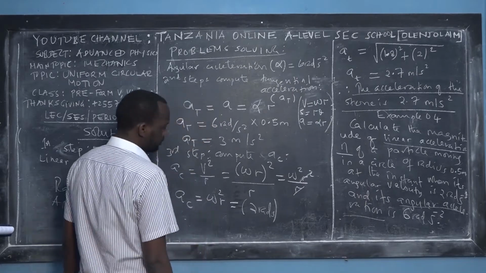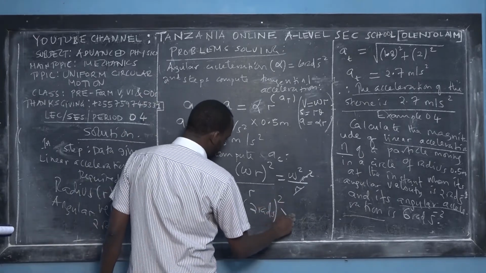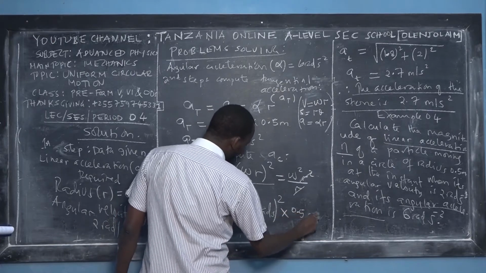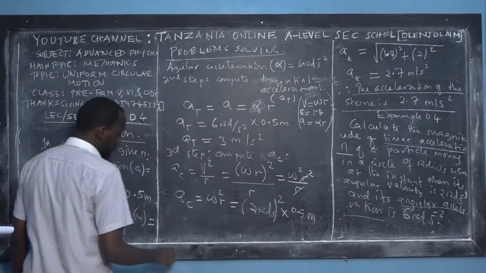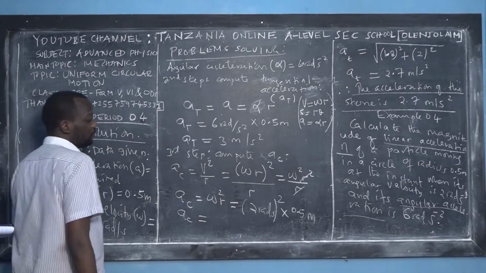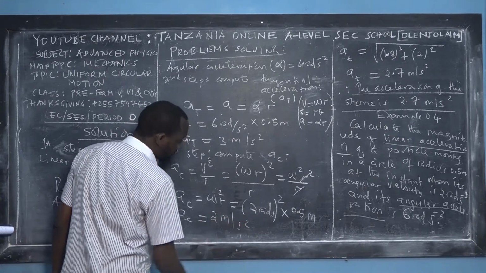So we have 2 radians per second, squared, times the radius of the circle, which is 0.5 meter. Then we can get our centripetal acceleration: 4 over 2, which is 2 meters per second squared.